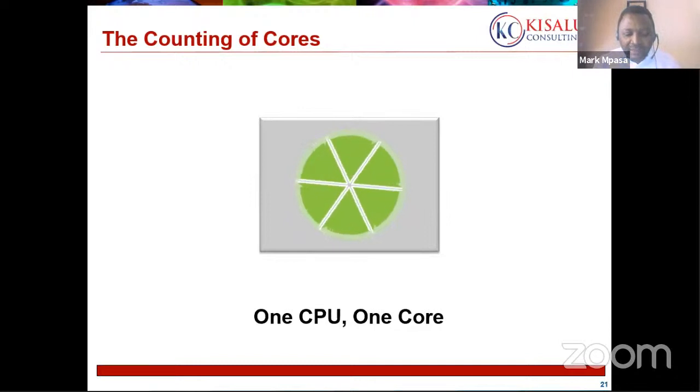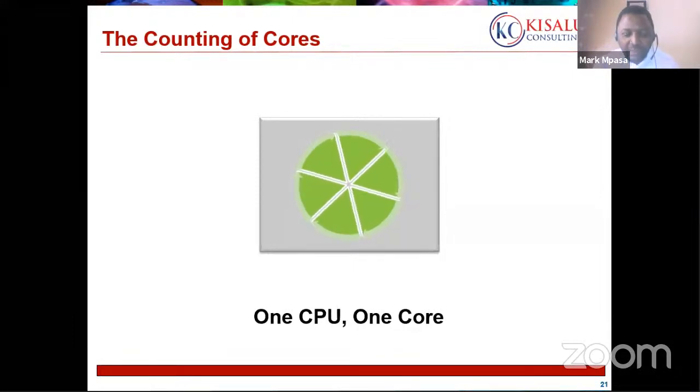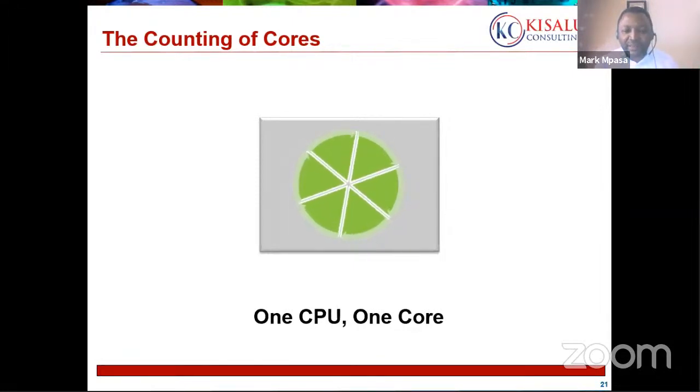Here, just imagine one system. Yes, we're coming from the story of the performance. Just imagine one system or one partition which has one CPU. In terms of our understanding here, this CPU has one chip and that chip has one core.